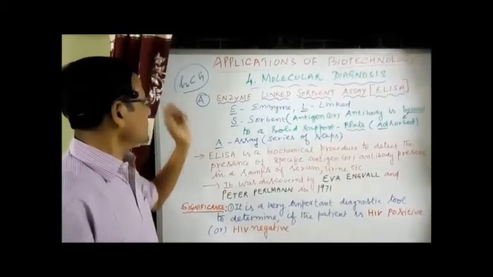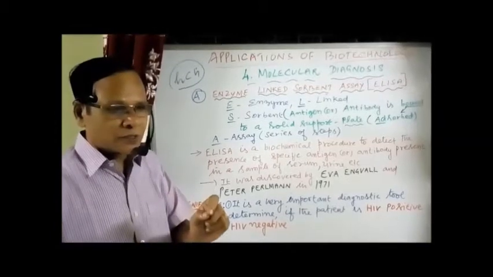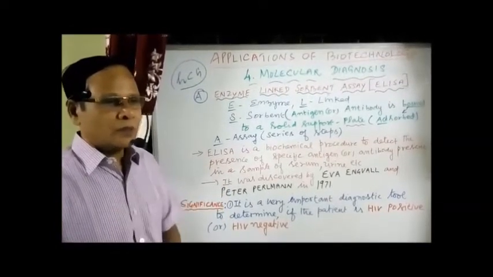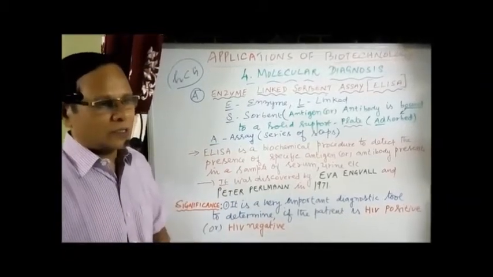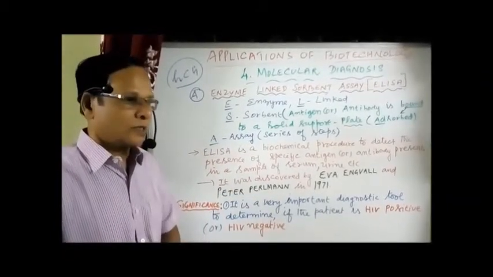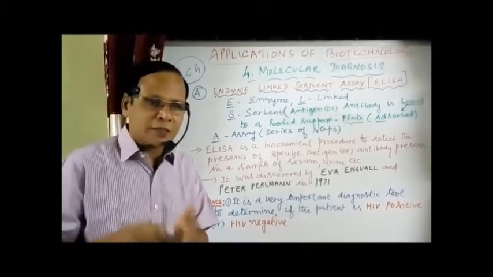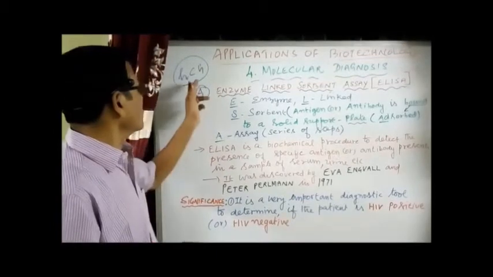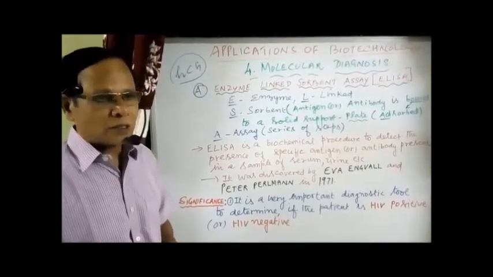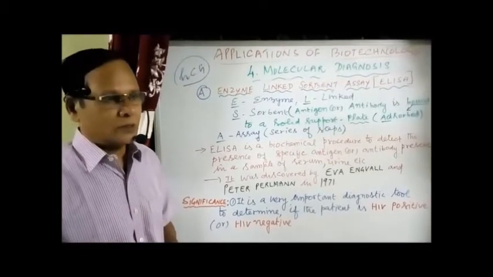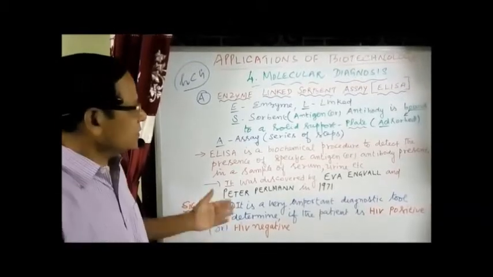That is about the two importances: to find out whether the person is positive or negative to HIV, and the second one, to find out the concentration of antibodies in the case of infected individuals, either by HIV or anything, or to detect the presence of antigens for human chorionic gonadotropin, a hormone that is released along with urine in pregnant women. So it is a test for pregnancy. That's about the importance. Now let's see the procedure.